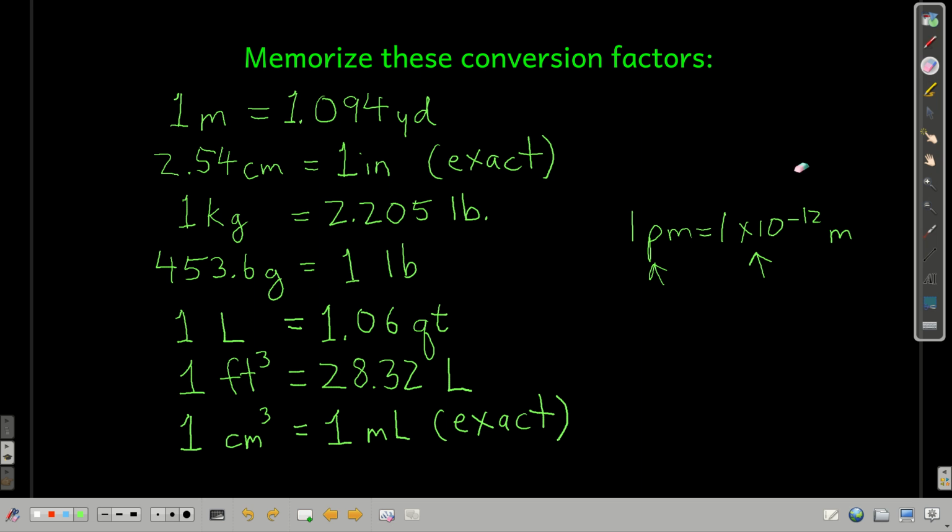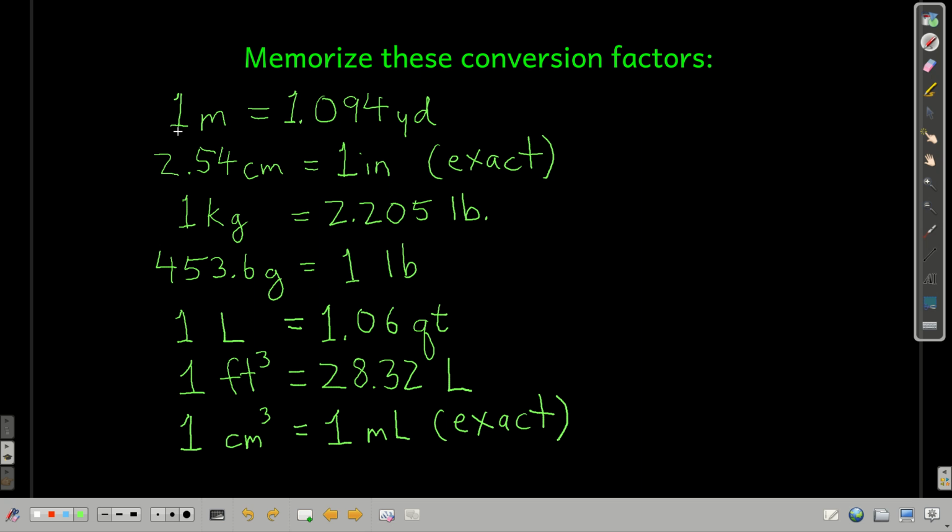So where else? Well, this table right here, this is a table I'm asking you to memorize. 1 meter is equal to 1.094 yards, for example, and the rest of these. If it's exact, I tell you that it's exact. If I don't say it's exact in here, then it's not. So in this first one, 1 meter is equal to 1.094 yards. The 1.094 has 4 significant figures.